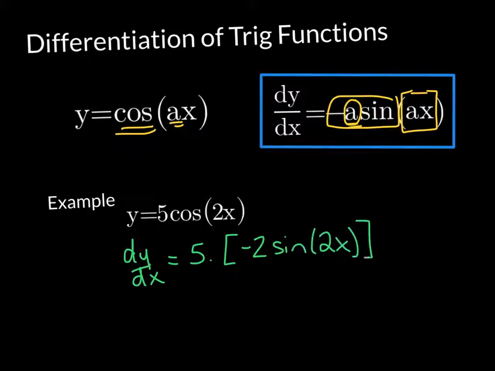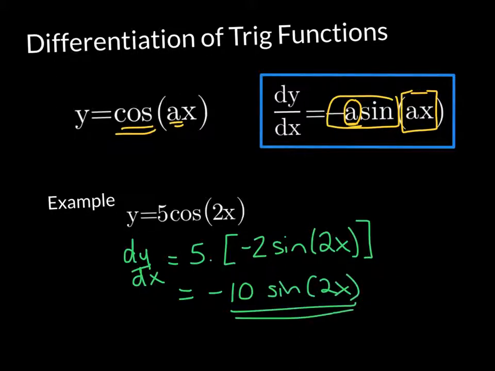Okay, so the 2 comes out the front as a multiplier, and the cos goes to negative sine. So we can write that as minus 5 times 2 gives us 10 sine 2x. Okay, so that's our differential of 5 cos 2x.